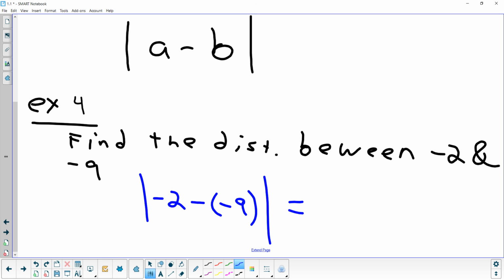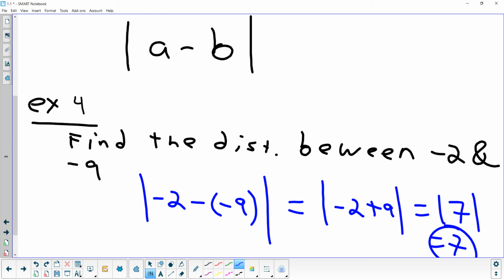Because -2 minus -9. Isaac, what happens when you minus a minus? Turns it into a plus. So by doing that, it's actually going to make what's inside positive anyway. So the distance between -2 and -9 is 7 units. Okay, questions on that?